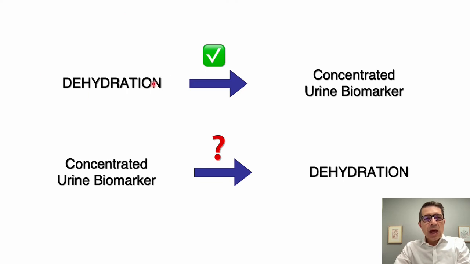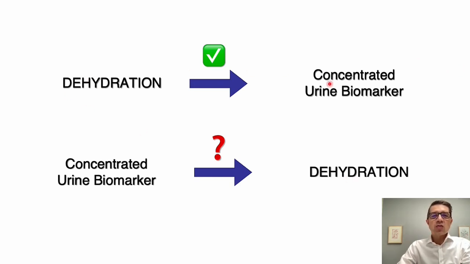We say that dehydration leads to concentrated urine biomarkers. So urine osmolality goes up, urine color goes up, urine specific gravity is up. So the question that we're asking is, does concentrated urine mean dehydration?